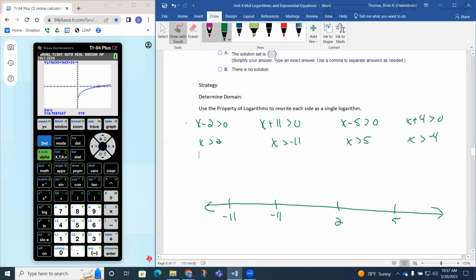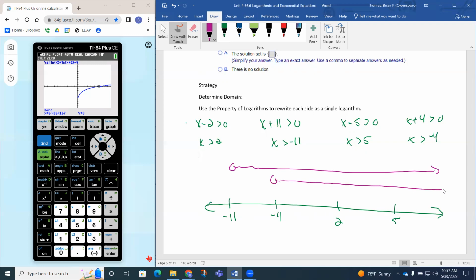So you got to be greater than negative 11, and greater than negative 4, and greater than 2, and greater than 5. So the one that makes these all true would be greater than 5. So off the bat, our domain has to be greater than 5. If it's not greater than 5, then we have to throw it out.